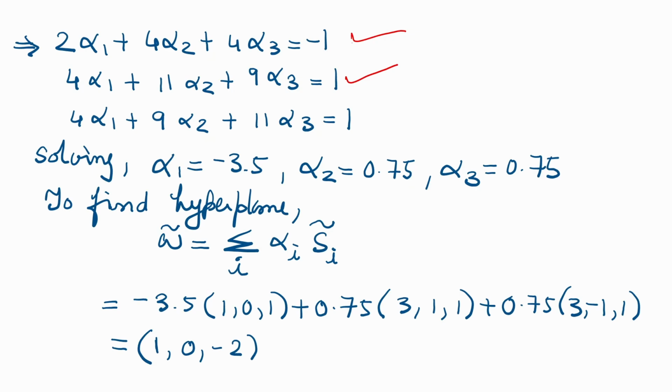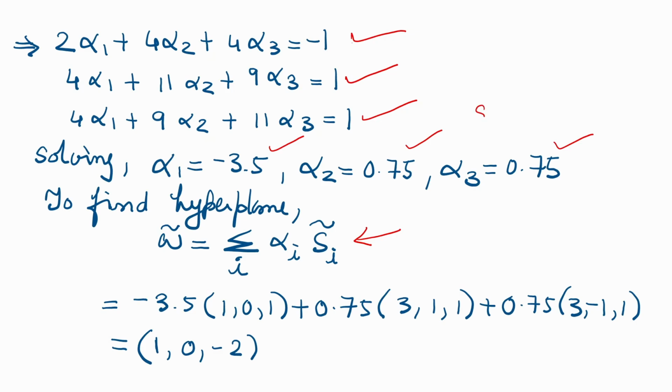The third equation is 4 alpha 1 plus 9 alpha 2 plus 11 alpha 3 is equal to 1. So we have these three simultaneous equations, and now we can solve for alpha 1, alpha 2 and alpha 3. By solving we got alpha 1 is equal to minus 3.5, alpha 2 is equal to 0.75, alpha 3 is equal to 0.75.